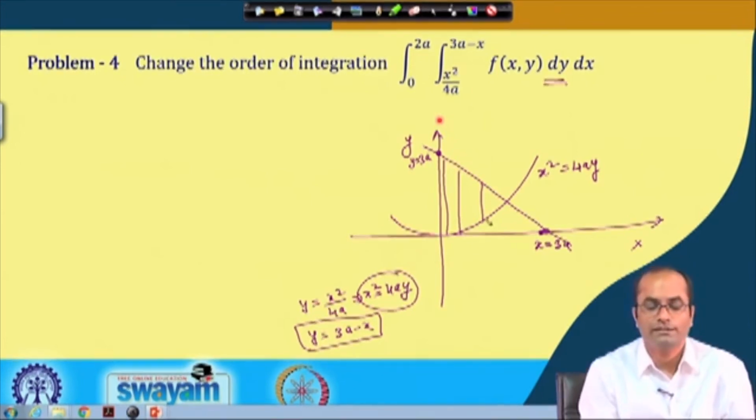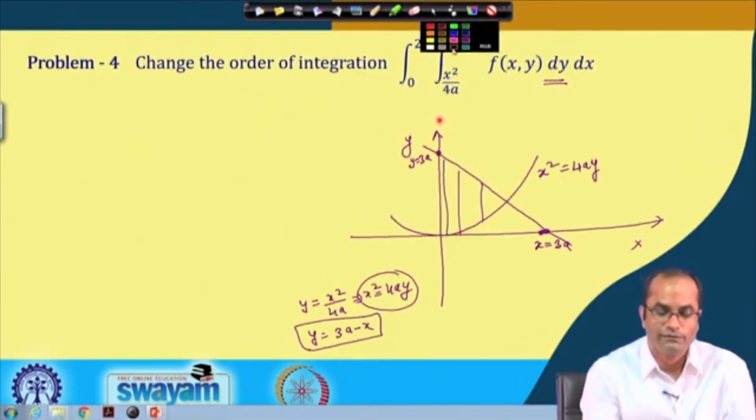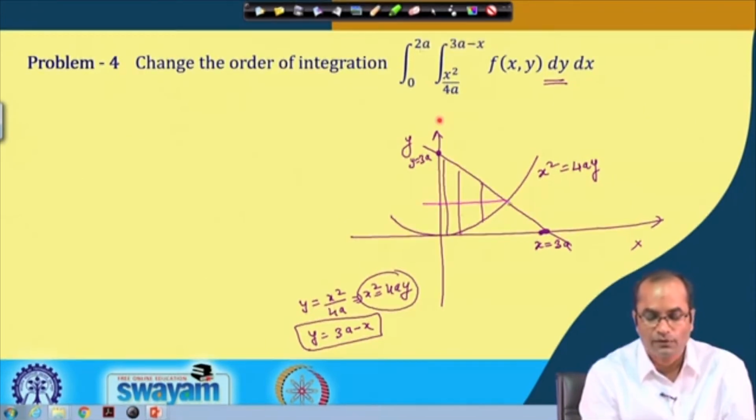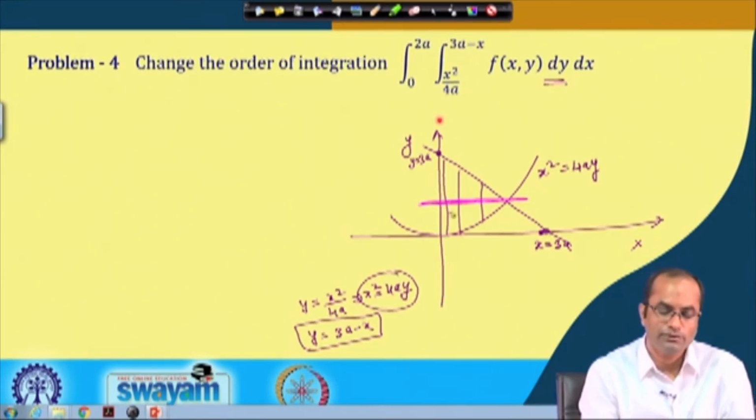Now we want to change the order of integration. That means, in the direction of x we have to draw a line parallel to the x axis, and again we have the situation which we discussed earlier, that there will be two domains. In the lower domain, we have the entry point exactly at x equal to 0, but the exit is the parabola.